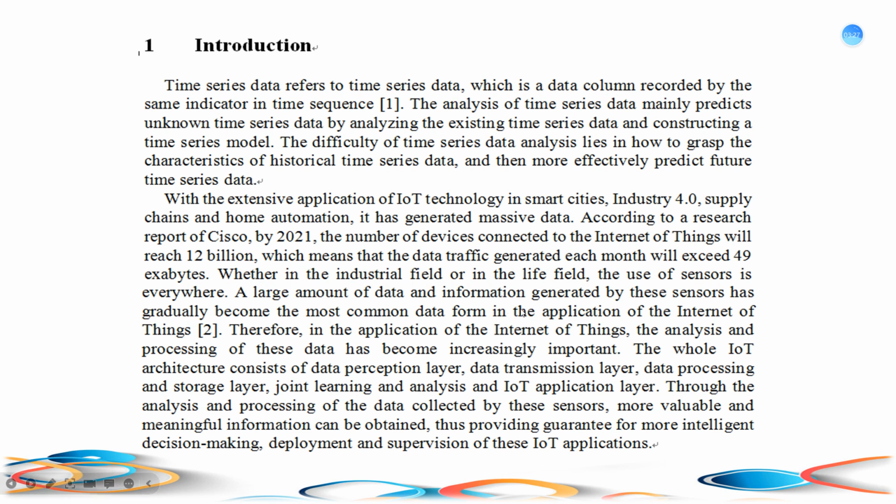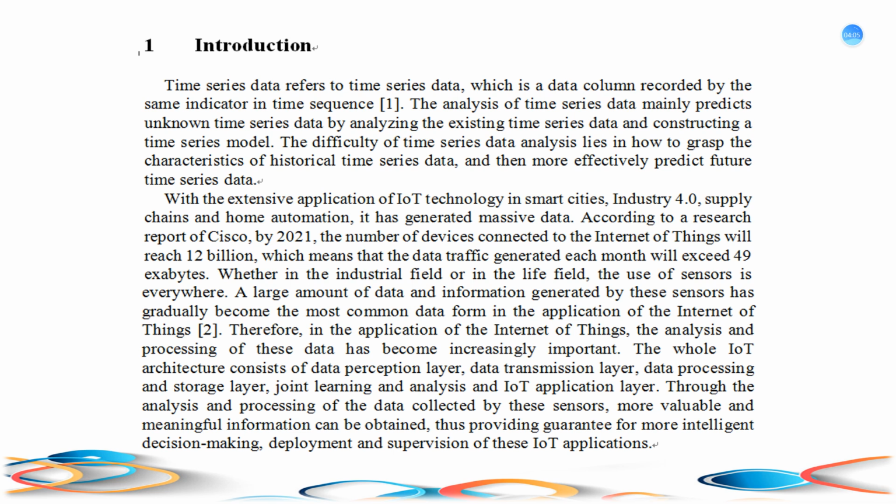With the extensive application of IoT technology in smart cities, Industry 4.0, supply chains and home automation, it has generated massive data. According to a research report of Cisco, by 2021, the number of devices connected to the Internet of Things will reach 12 billion, which means that the data traffic generated each month will exceed 49 exabytes.